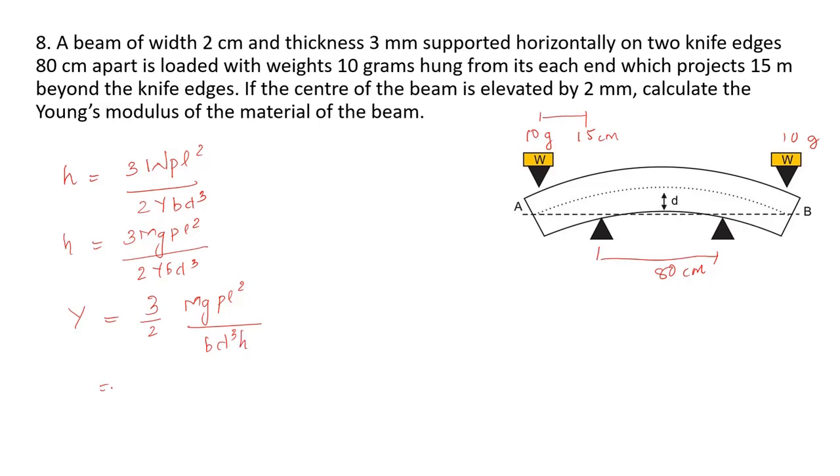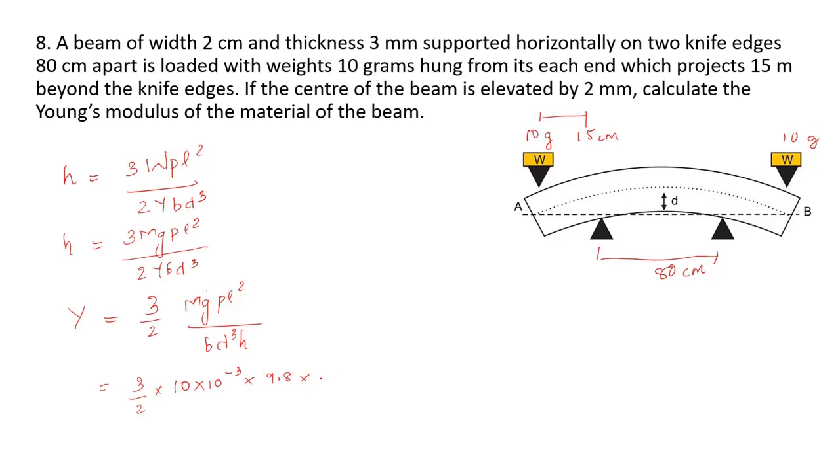We have all values from the question. Let's substitute 3 by 2 into mass. The mass is 10 grams, so let's convert it into kilogram: 10 to the power negative 3, into p. p is the distance from which it is being hung. So we substitute g as 9.8.